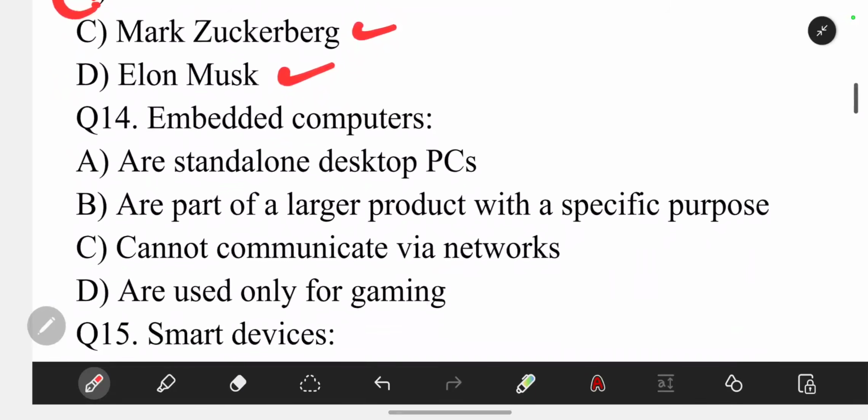Then when we look at our 14, embedded computers. Just as the word entails, embed. So these are part of a larger product with a specific purpose. This has got a lot of application in cars, in aeroplanes, in many appliances.